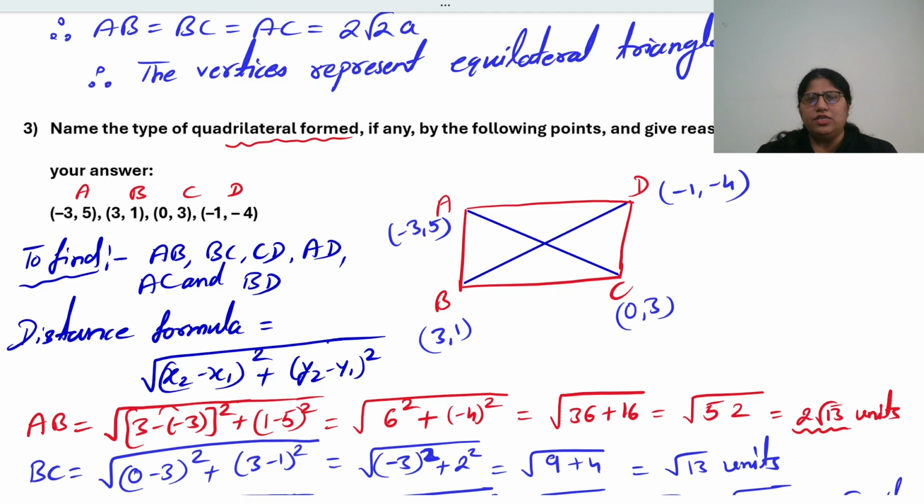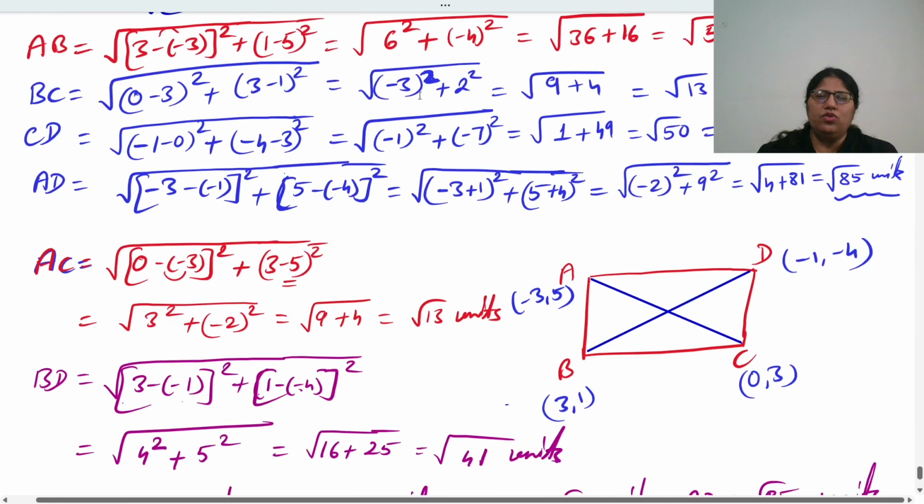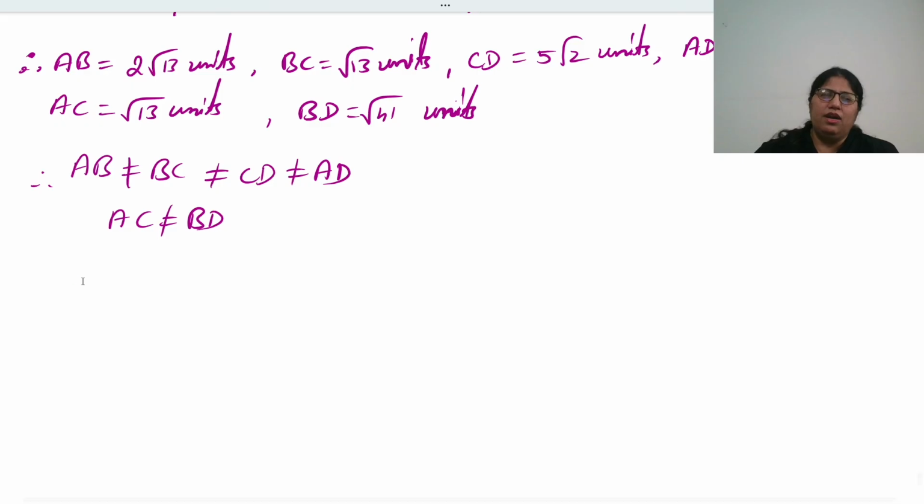And if all four sides are equal, it can be a rhombus or a square. If the diagonals are not equal, it's a rhombus. If the diagonals are equal, it is going to be a square. So we don't find any specific type here. Therefore ABCD is a quadrilateral, not any specific quadrilateral, right?